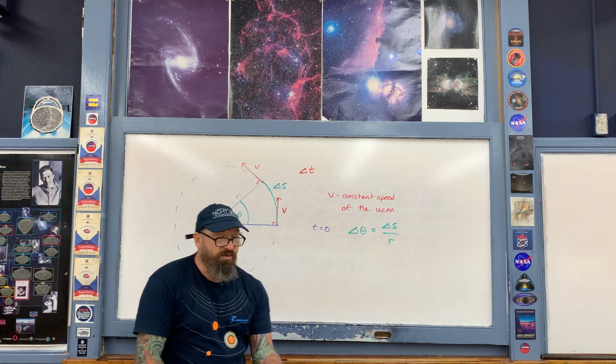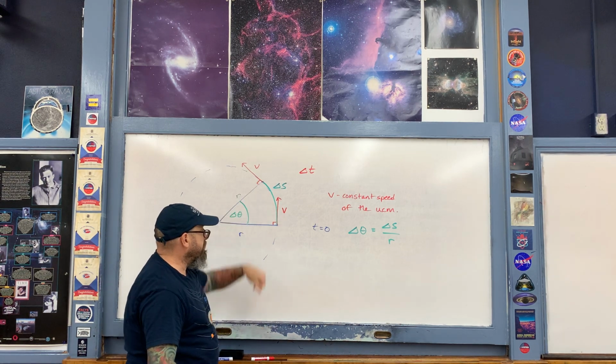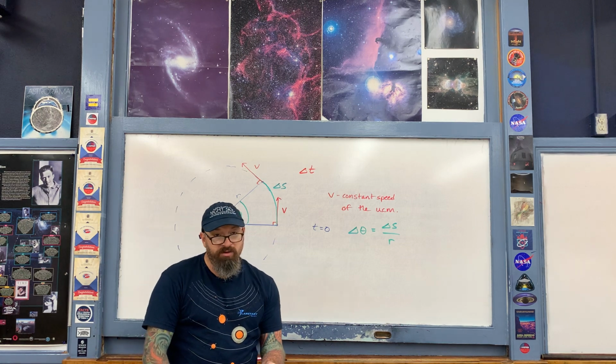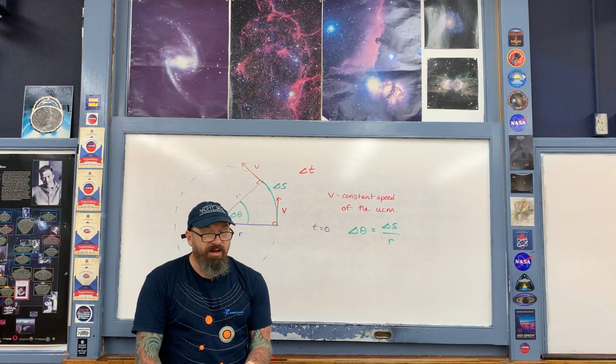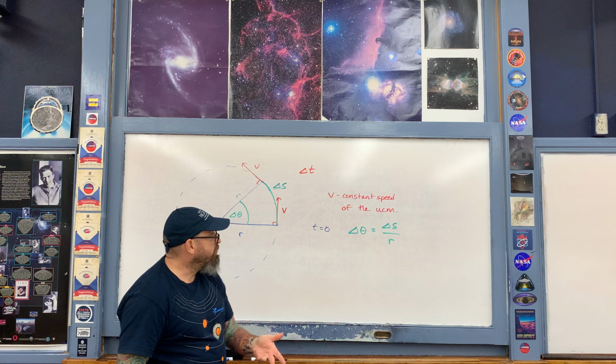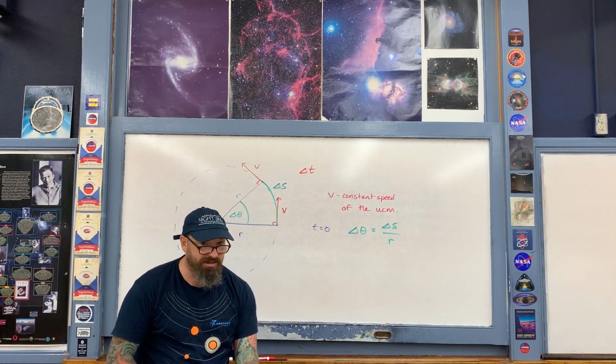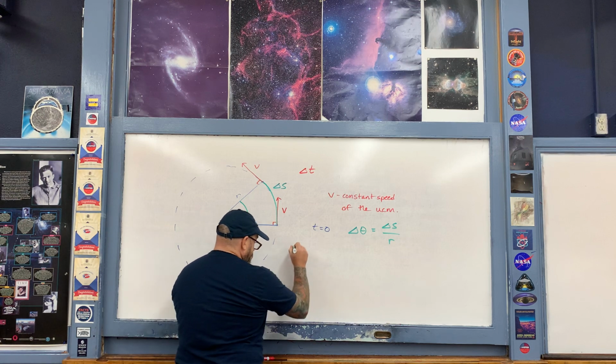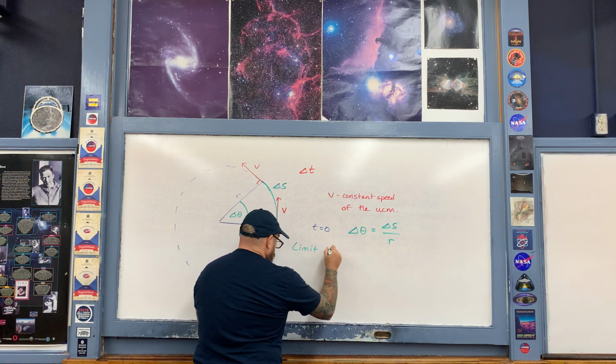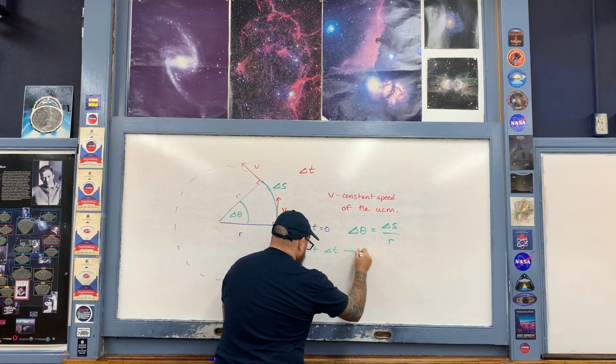Now you're saying to yourself, well, wait a second, delta S is an arc length here on the circle. It's a curved path. How can we think of this as a straight line? Well, this is now where we start to take into account making the time interval infinitesimally small. So now we can begin to take a limit as the time interval goes to 0.